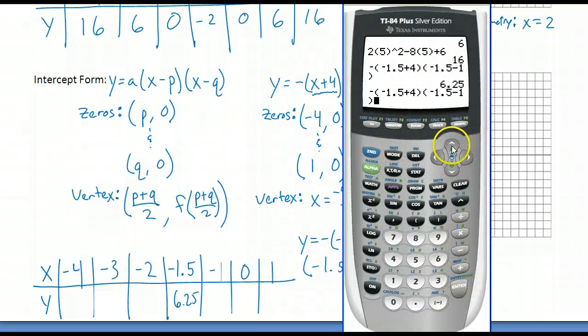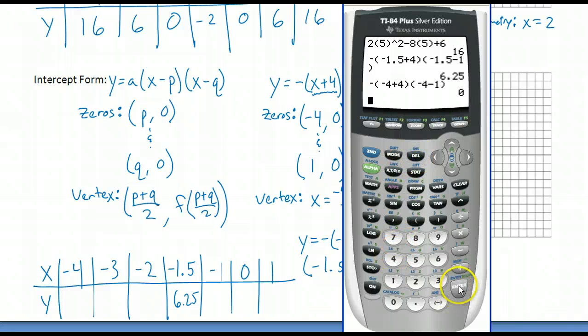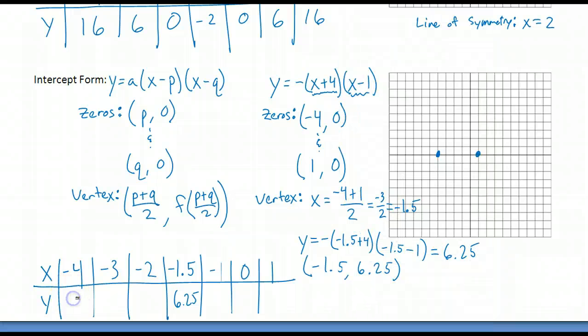If I hit second enter, I can change my negative 1.5 to negative 4, and I get 0.